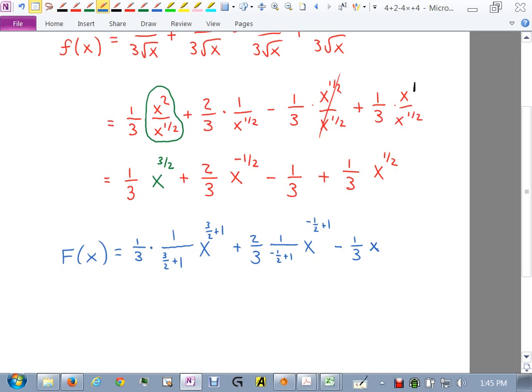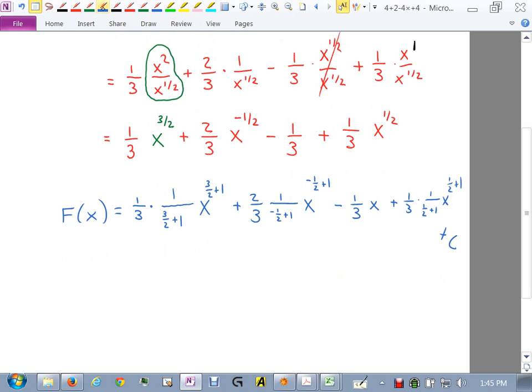Negative 1/3 x. So if you ever see a constant, the antiderivative is the constant times x, right? And then the last one, plus 1/3, and then here comes the 1 over n plus 1. 1 over 1/2 plus 1, x to the 1/2 plus 1, and then plus c. I keep running out of room. Got all this room over here. Oh, well.